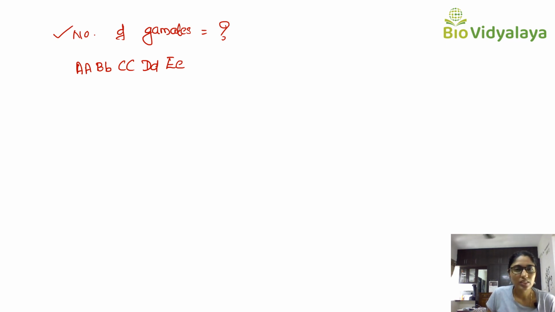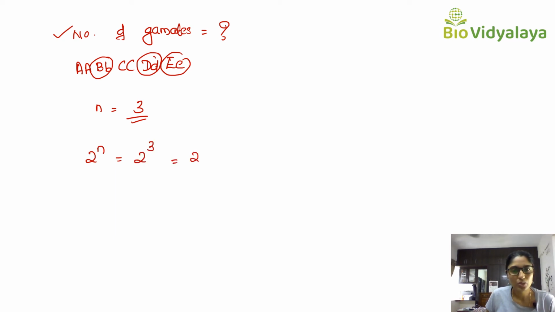So here the number of heterozygous is 1, 2, 3. So n is equal to 3. So 2 raised to n is equal to 2 raised to 3. That means 2 into 2 into 2. That is equal to 8. So the number of gametes is 8. Okay. I think now it is clear for you.